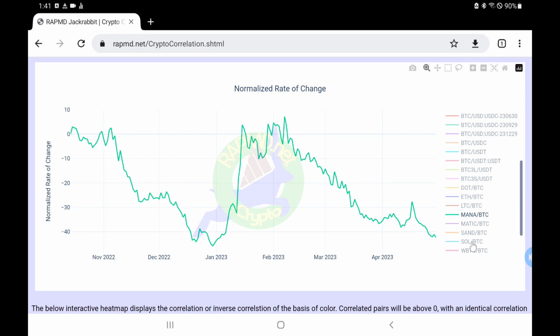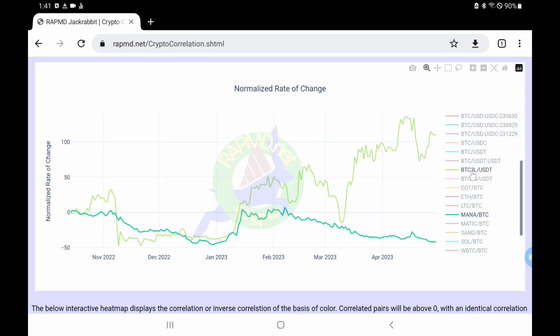For example, we can look at this particular asset and we see it's a mixture where now it's inversely correlated, but at one time between January and February of 2023 prior, it was very correlated.